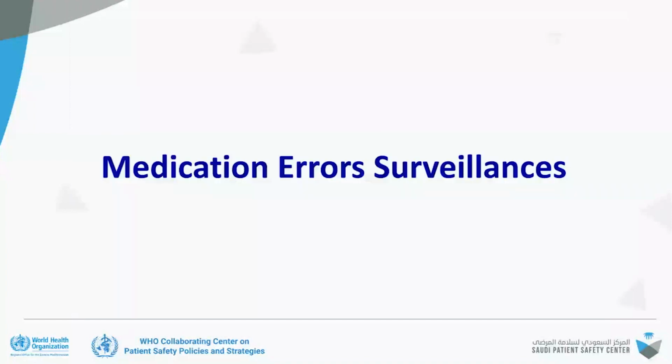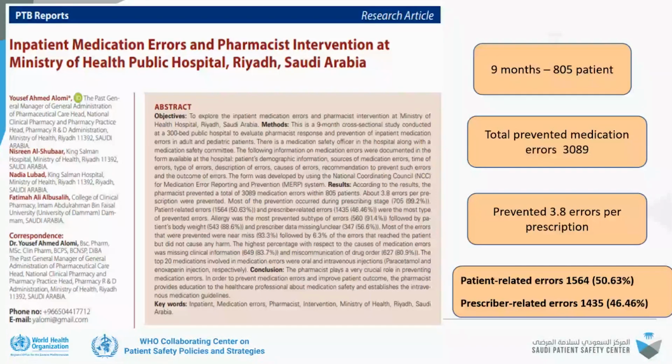One of the things you can get from medication errors is an annual survey or surveillance of medication errors. This is one of the documentation systems as an outcome of medication safety, the medication error reporting system. This is for inpatient medication errors and pharmacist interventions to prevent medication errors. This was mostly over 9 months, with more than 800 patients, and the total prevented medication errors was more than 3,000.